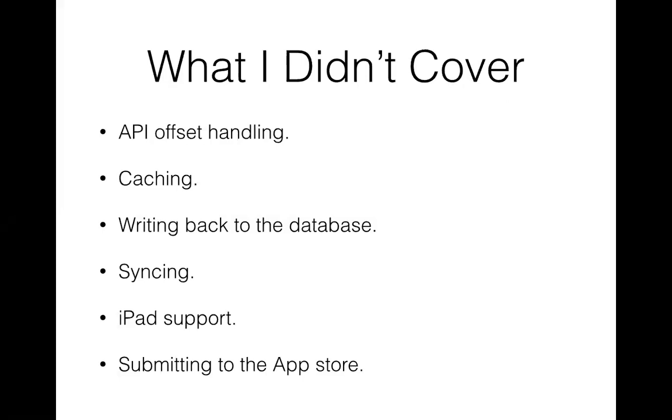Also, all the data that's coming back into the iOS app is always being pulled from the API. There's nothing stored locally on the device, but it is possible to do that, and I think we might do a webinar in the future that shows how that works. Basically, you end up with a SQLite database inside the iOS app, and it calls the API when it needs data.